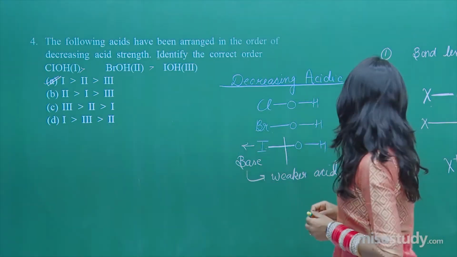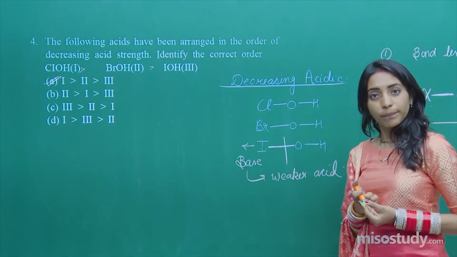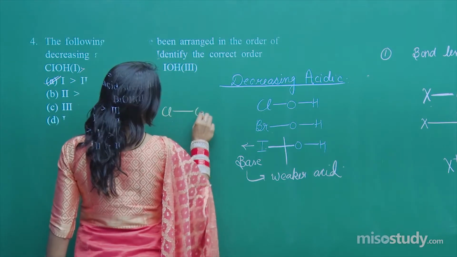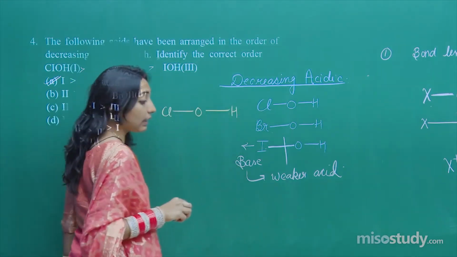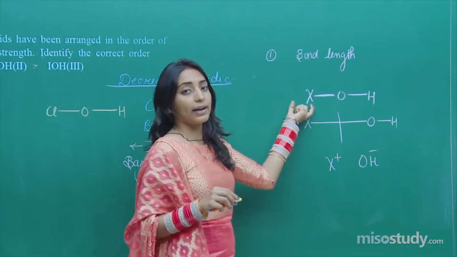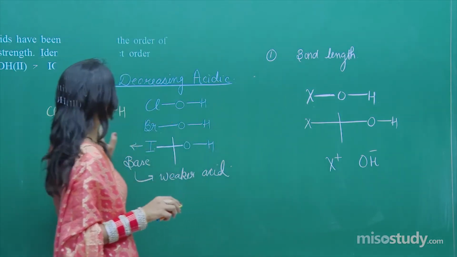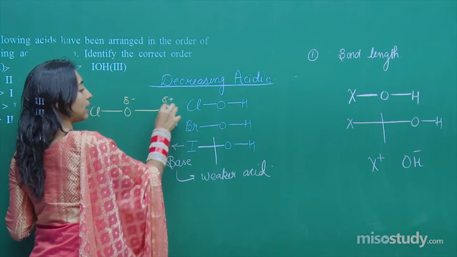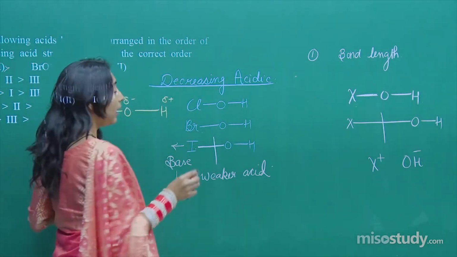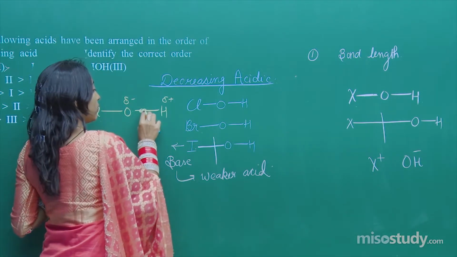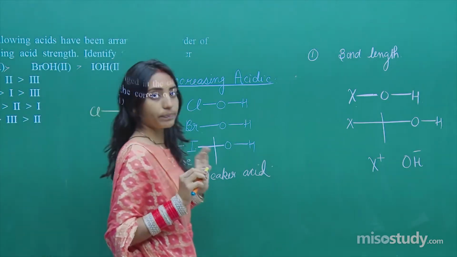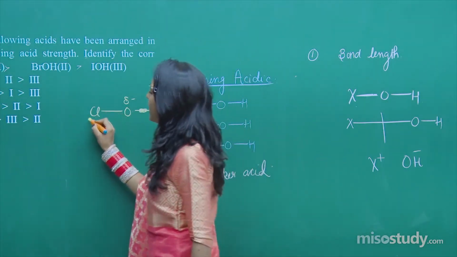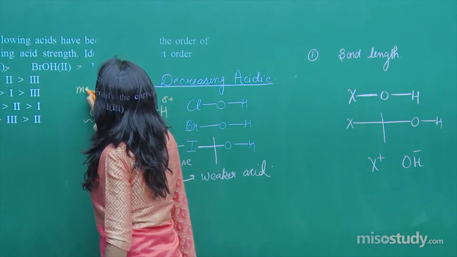Now the second explanation. See here carefully. It depends upon the electronegativity of this atom X. Oxygen will have a delta minus, hydrogen will have a delta plus, and the pair of electrons will be more towards oxygen and less towards hydrogen.